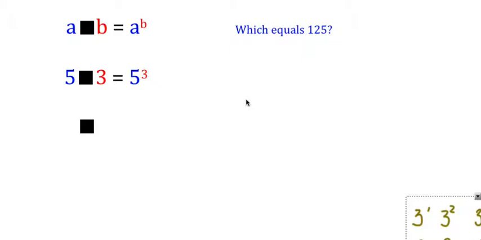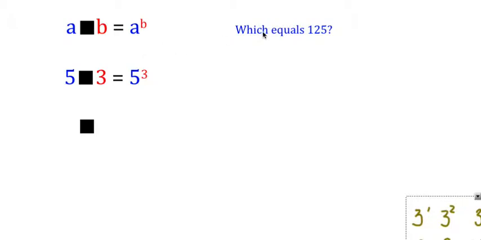For some positive integers a and b, let a squared b be defined by a squared b is equal to a times b, a to the b. Which of the following is equal to 125? Notice the mistake I made, which is a times b.